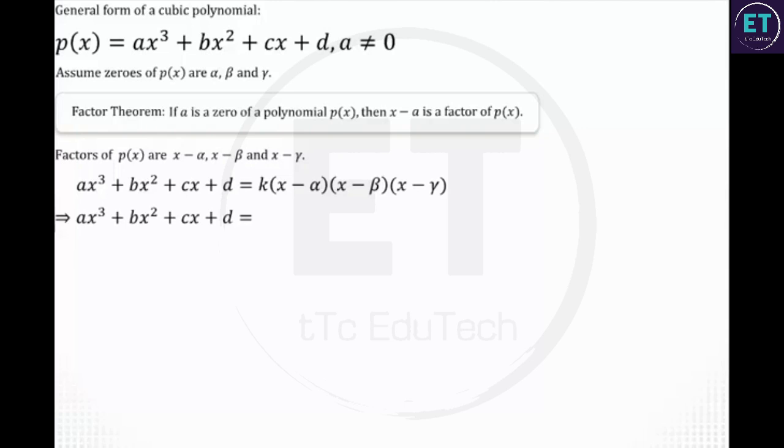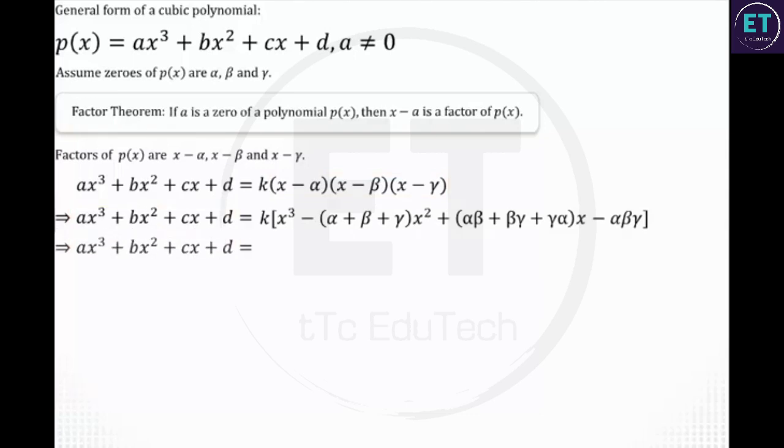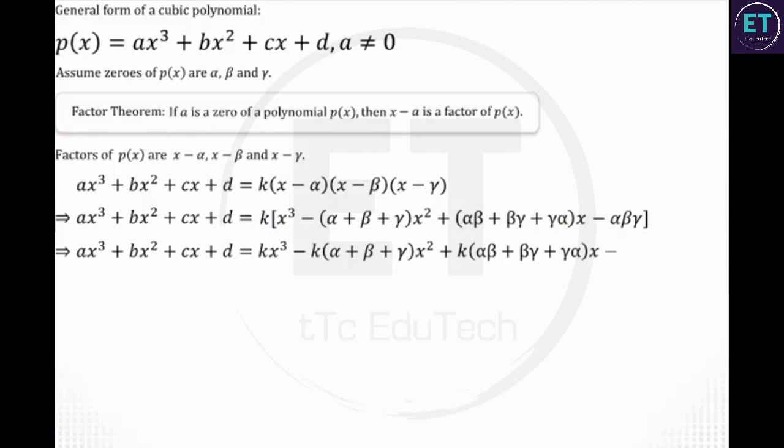Let's simplify and rearrange the right-hand side of the equation. Now, we'll compare the coefficients of x, x squared, x cubed, and the constant term.